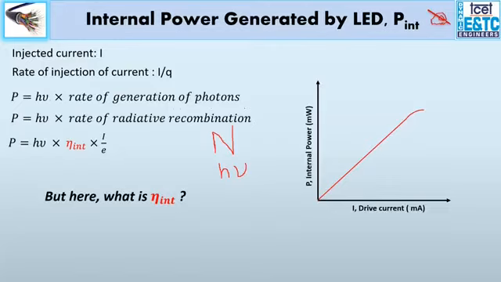Now we know that we have an internal quantum efficiency, which is the rate of generation of photons upon the total recombination that is taking place in your device.